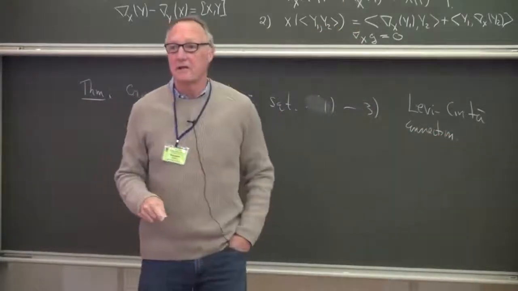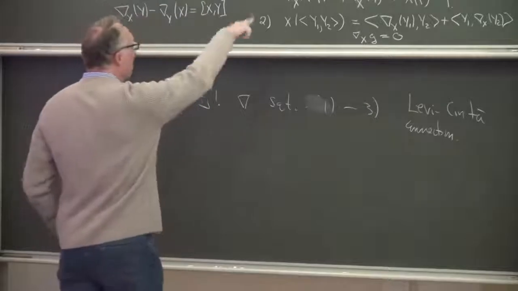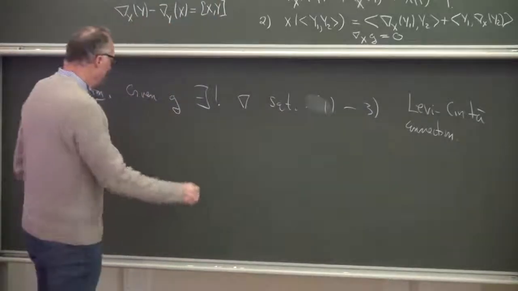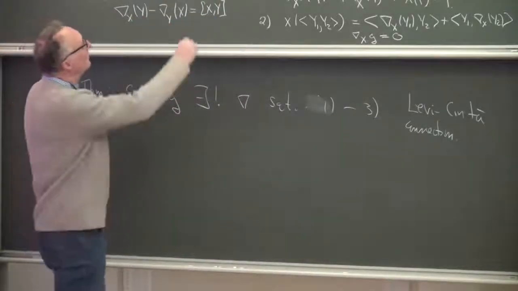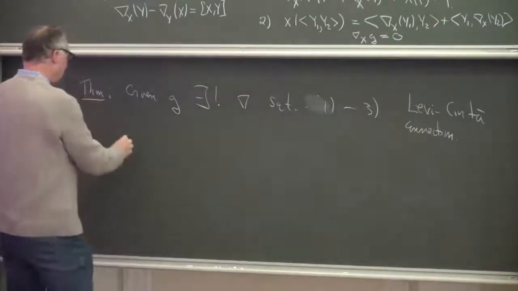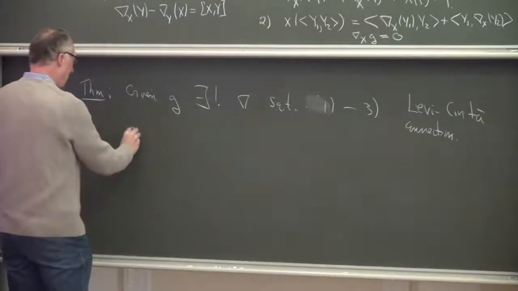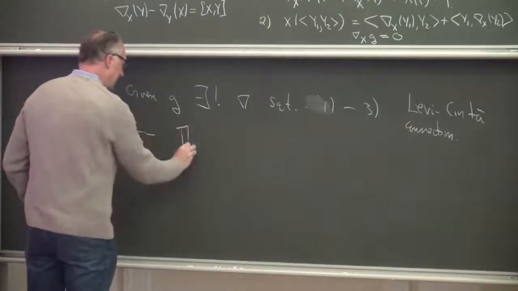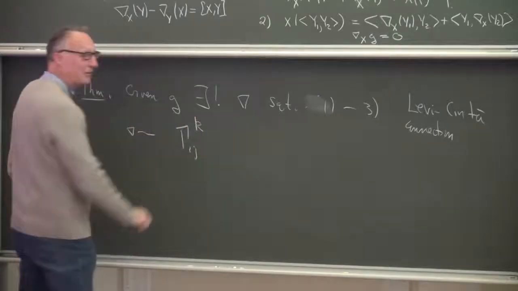The metric determines a connection with these three properties. In local coordinates, we've written the metric as a symmetric matrix, g_ij. The connection is written in terms of the Christoffel symbols.